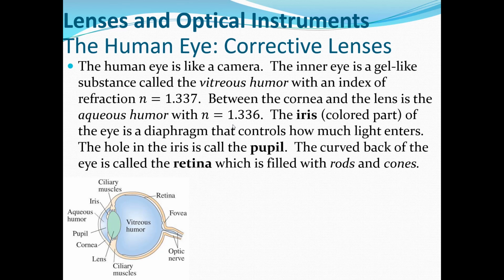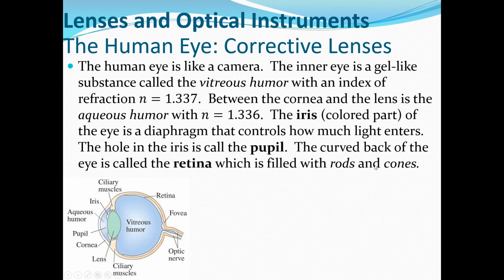Some other things that I want. You end up having the image formed typically on the back of the eye over here. And on the back of the eye, you have two things. So you have rods and you have cones. So this is the retina, the back of the eye.